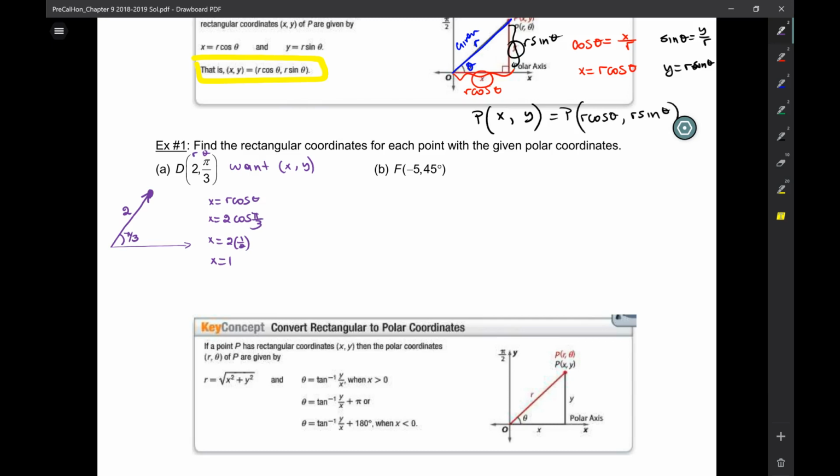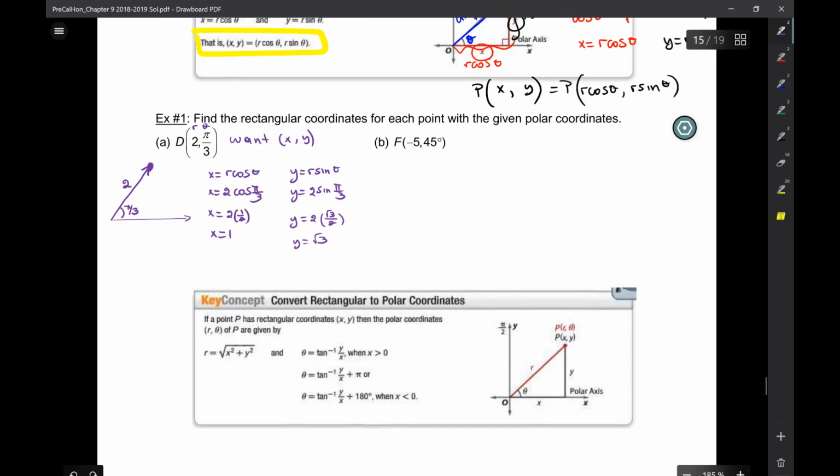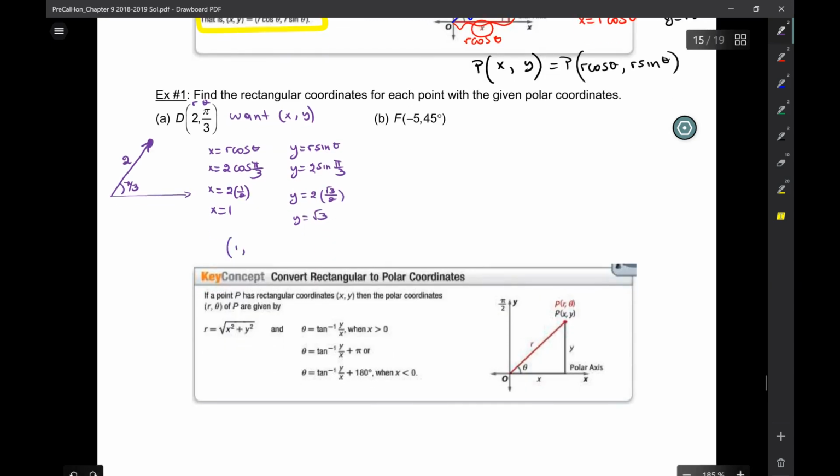And then y is equal to r sine theta, r sine of pi over 3. R was 2. So that's 2 times, what's sine of pi over 3? Root 3 over 2. So y is just root 3. So now my coordinate is 1 comma root 3.